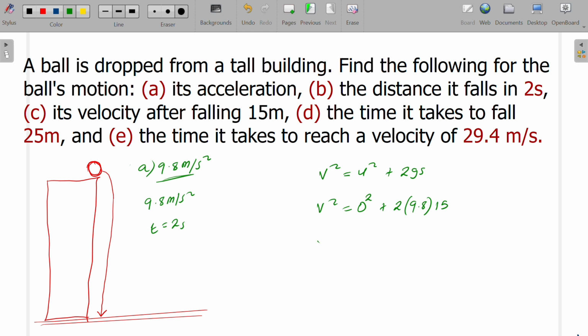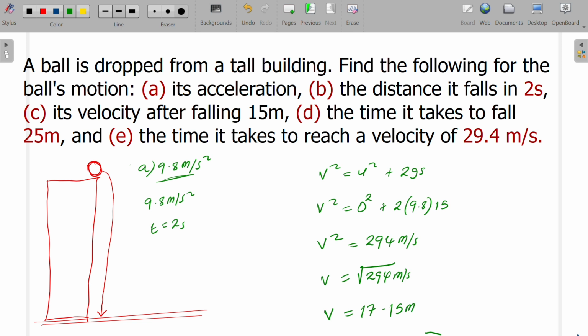Our v squared will be equal to what we get when we do the mathematics, which is 294. So this is in the units of meters per second. In this case, our V will be equal to the square root of 294, and according to my calculator, this is giving me 17.15.